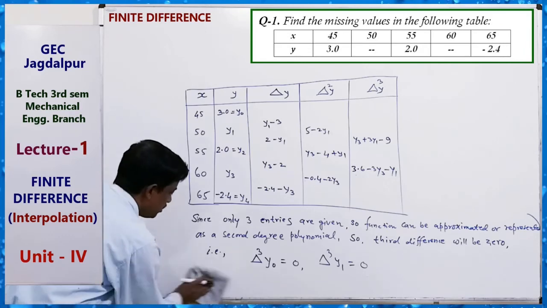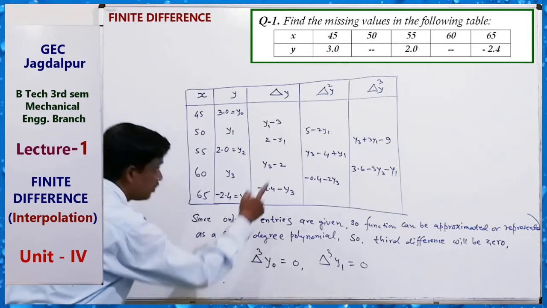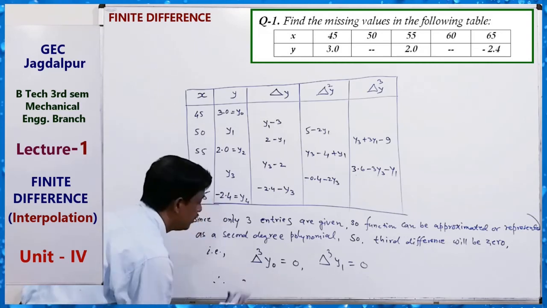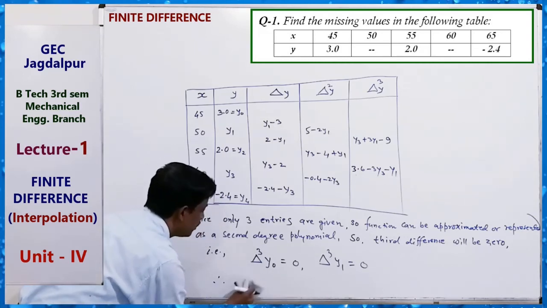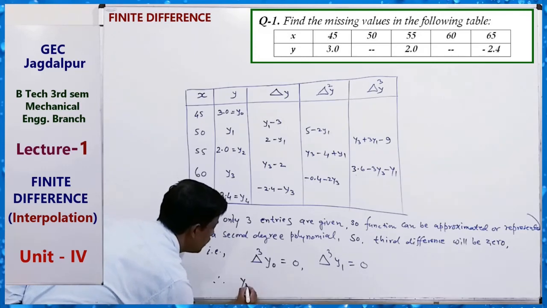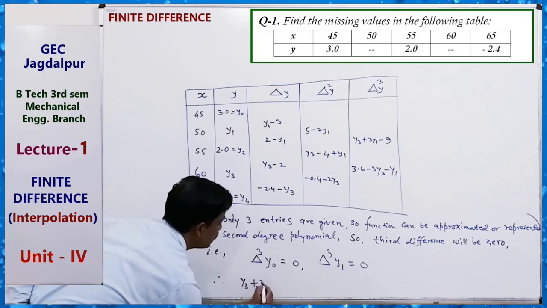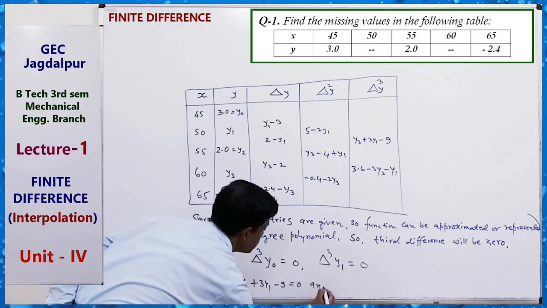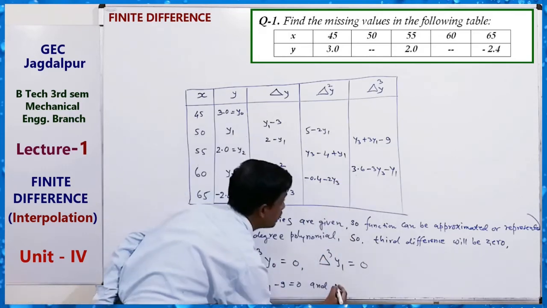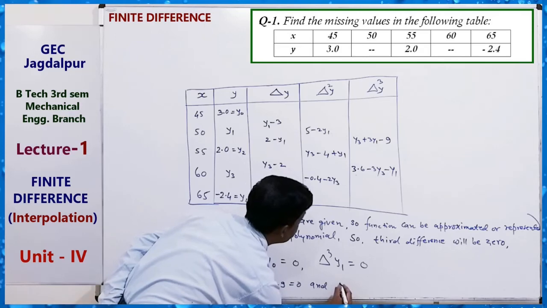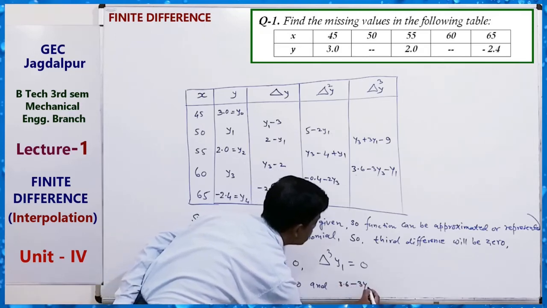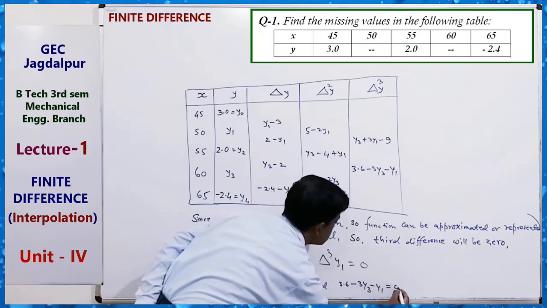Therefore, we can write y3 plus 3y1 minus 9 equals 0, and y1 plus 3y3 equals 3.6.